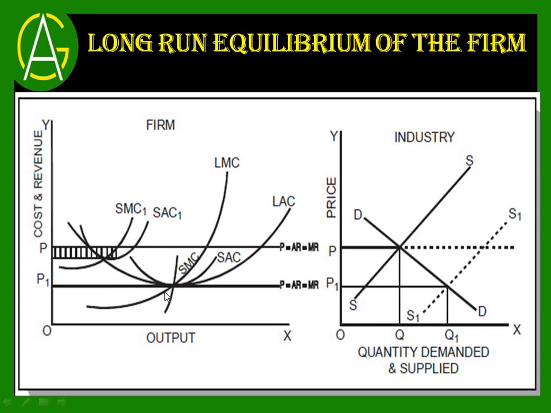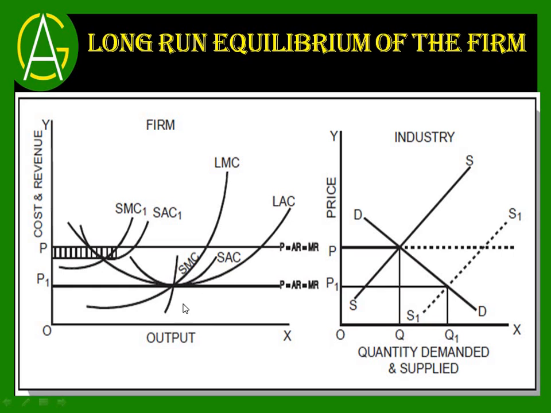We can see that at the equilibrium point, long run average cost and long run average revenue are equal. When they are equal, it means that the firm is making normal profit only. So in the long run, the firm makes normal profit.